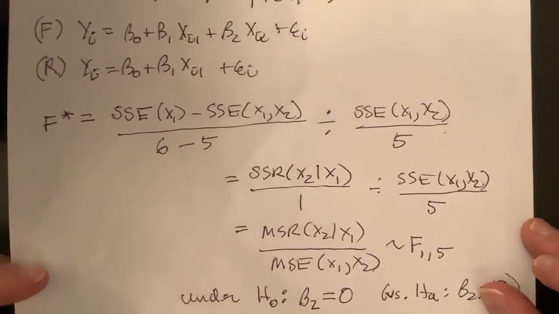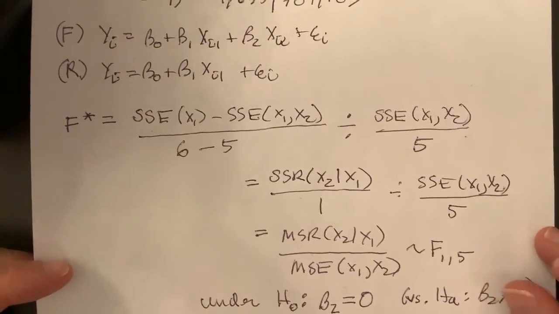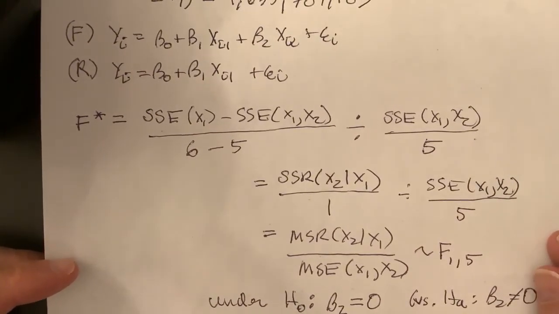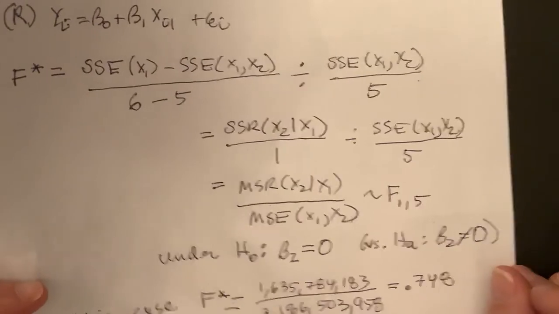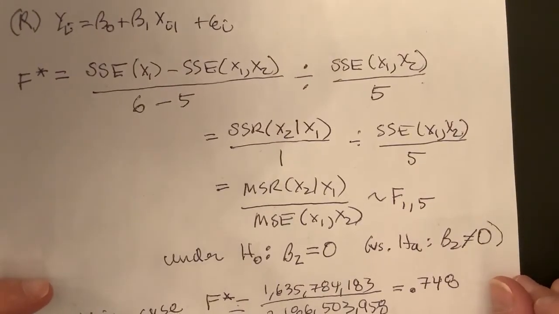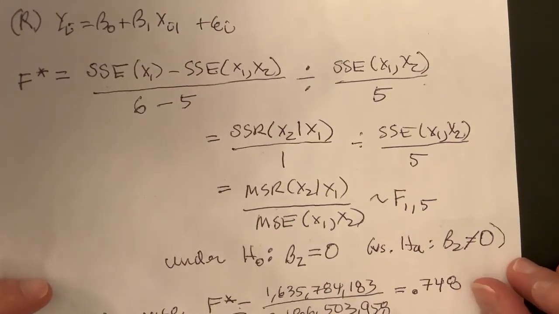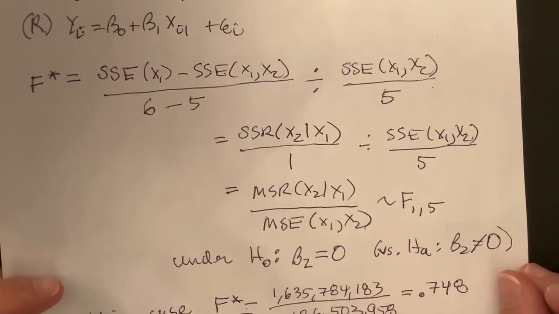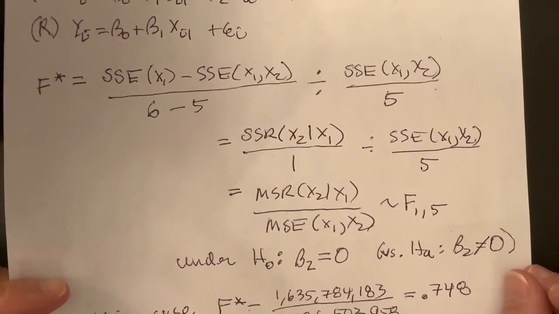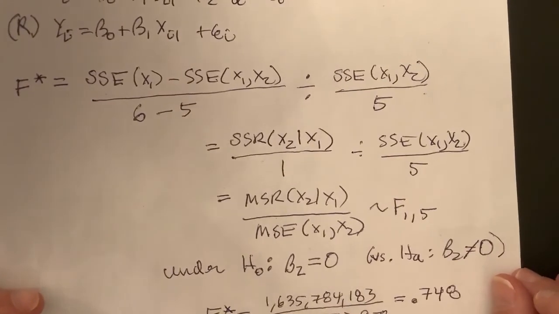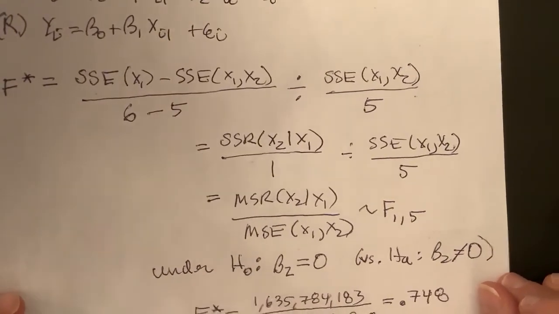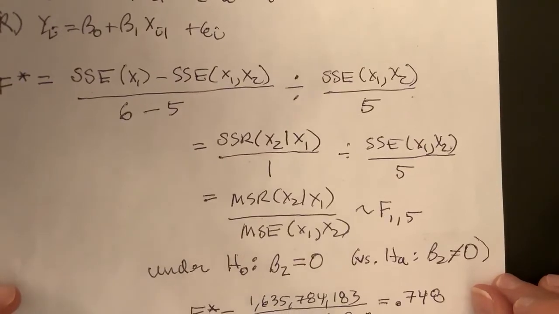So anyway, if we go here and you accept this additivity rule from the general linear test approach under the null hypothesis. So here, I wrote it down after here. We have this is equal to, so it's kind of a backwards statement, almost, you should read it from the bottom. Okay, we have SSR x2 given x1 over its degree of freedom, which is 1, divided by the SSE of the full model divided by its degree of freedom, which is 5.